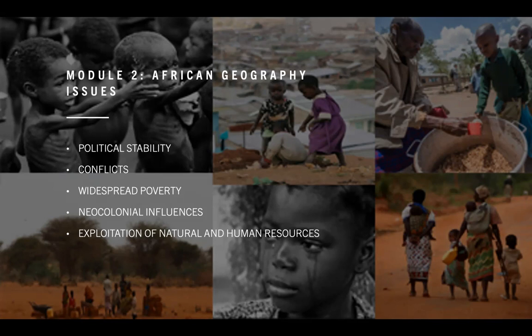Have the widespread poverty as well. So there are certain parts of the continent where food is very inaccessible, water is inaccessible, and a lot of children die of hunger, malnutrition, and other diseases caused by lack of adequate nutrition. Dito din yung neo-colonial influences, where the traces of the colonial past of the continent still haunts it today.